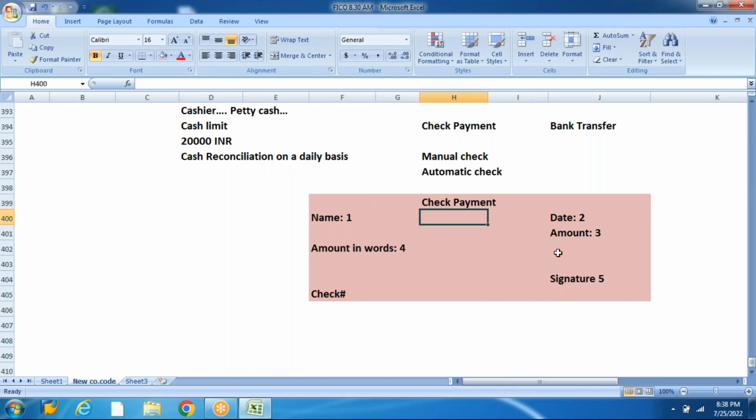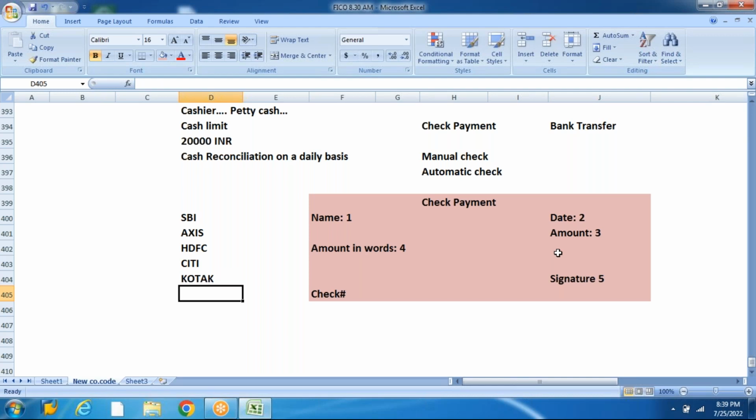Let's say I take SBI, Axis, HDFC, Citibank, or Kotak Bank, or any other bank. Every bank will have a different check, correct?